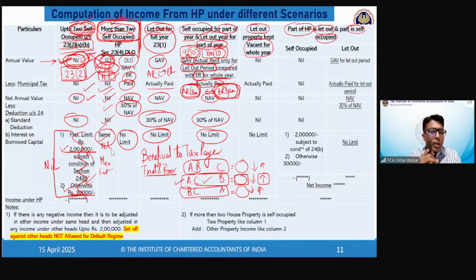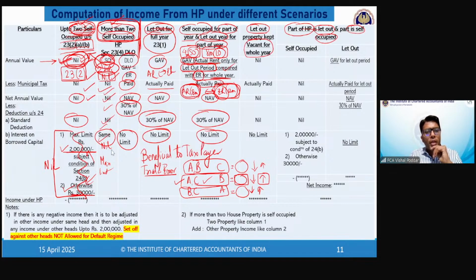Which option will be most beneficial as a taxpayer? For me, that option is most beneficial where I get the lowest tax. So in all the three options which I have given you, you have to find out where you will get the lowest tax. That is what you will select, Soumya. Is this fine?